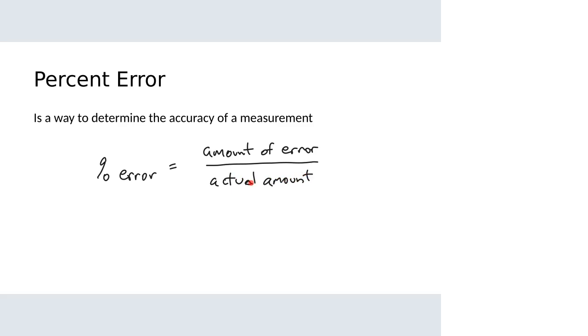So we can calculate the percent error for a given situation and know how accurate a measurement really is. Percent error is a way for us to do that.